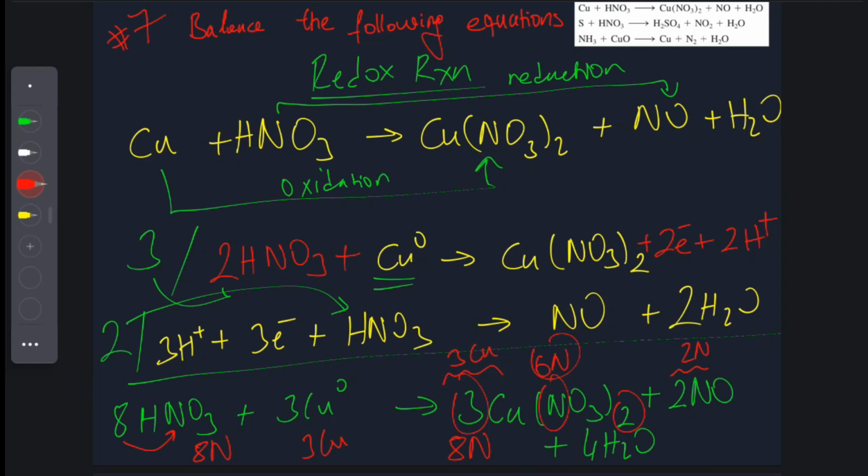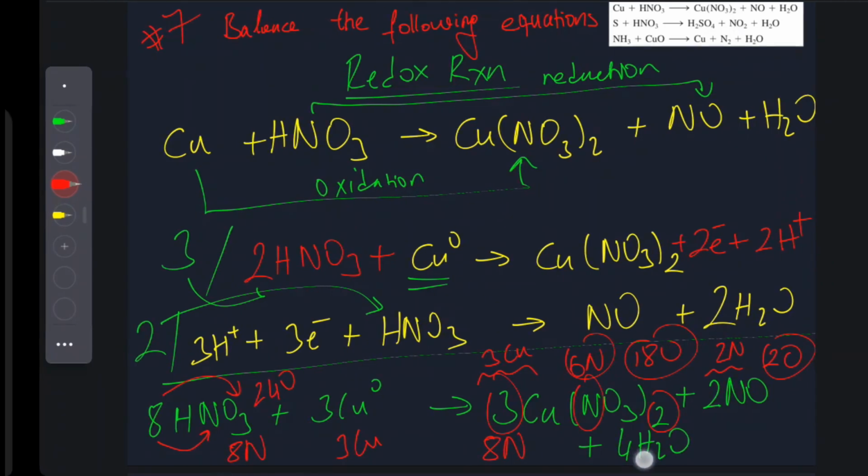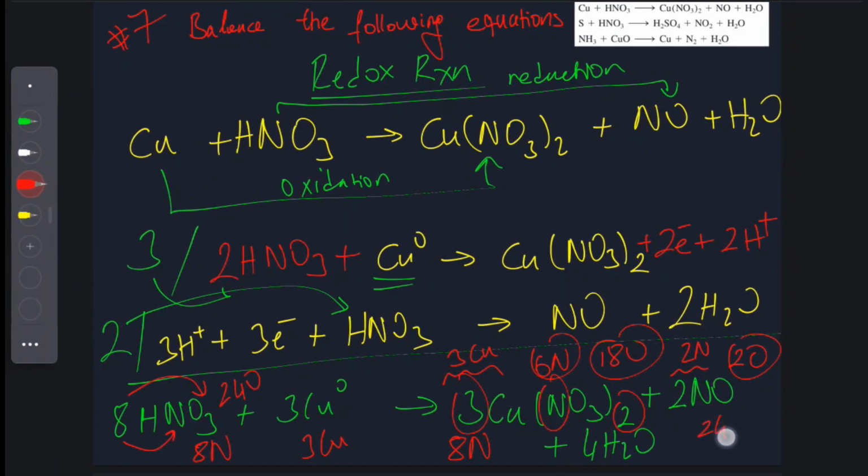And lastly, oxygen. We have 24 oxygen: 6 times 3, 18 oxygen, 2 oxygen here, 20, and 4 oxygen here, 24 oxygen. Okay, good.